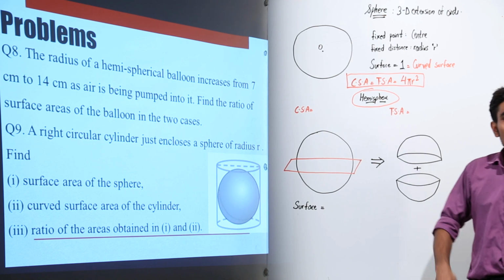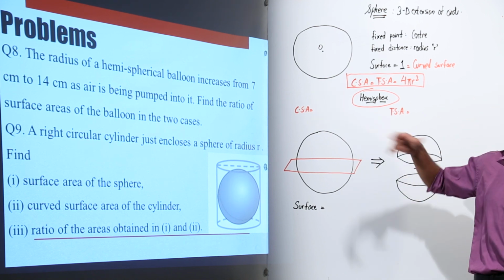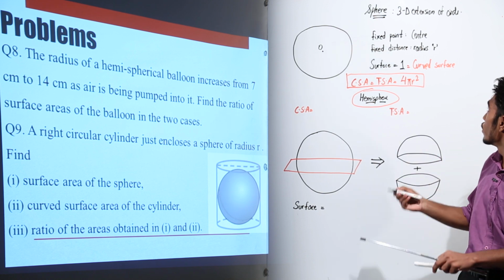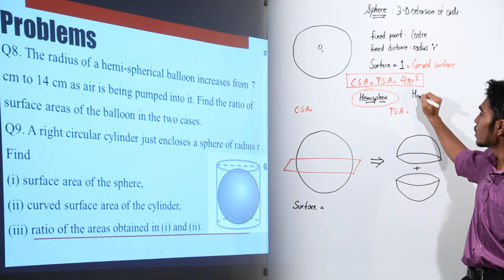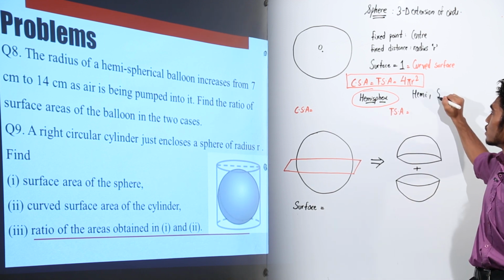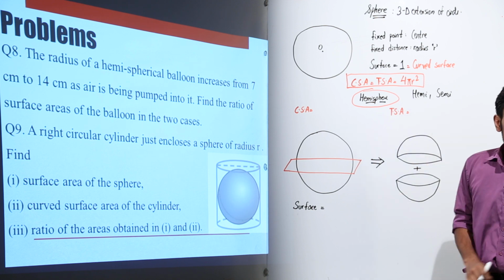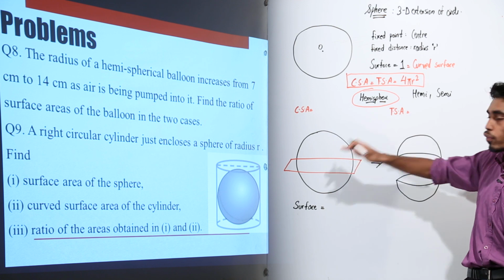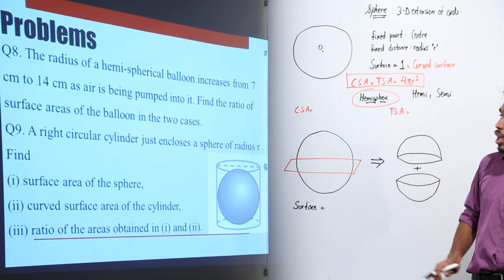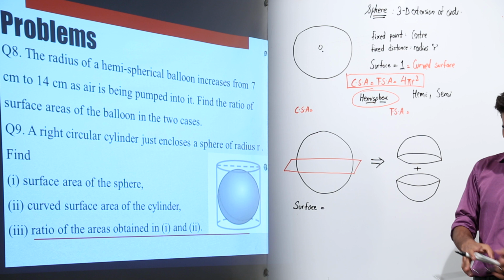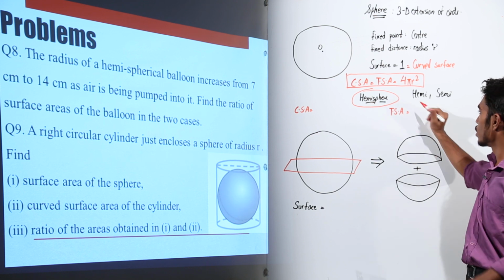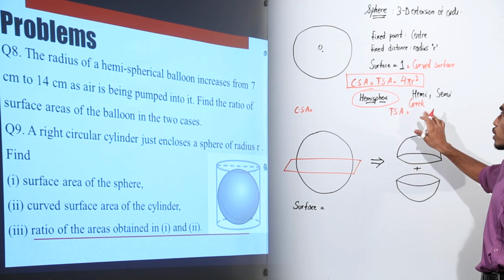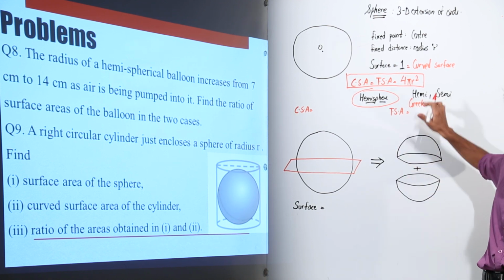Now you might be wondering, in mathematics sometimes we use the term hemi and sometimes we use the term semi. What is the difference between hemi and semi, right? We call half of a circle a semicircle, but we call half of a sphere a hemisphere, right? Now hemi is a Greek word, so in words from the Greek language, you will find the usage of hemi.